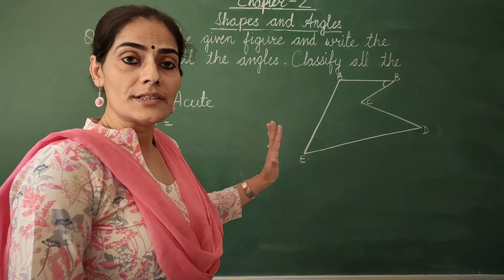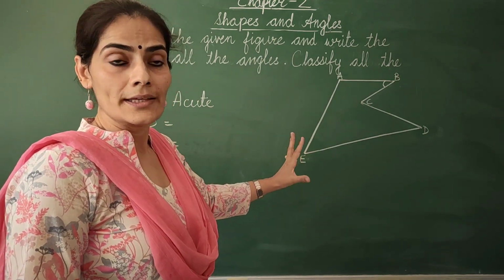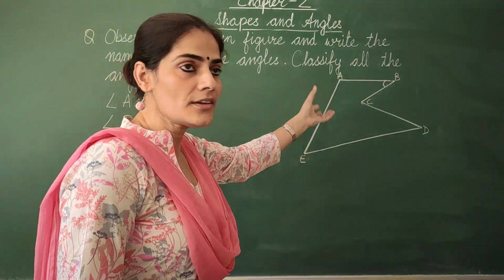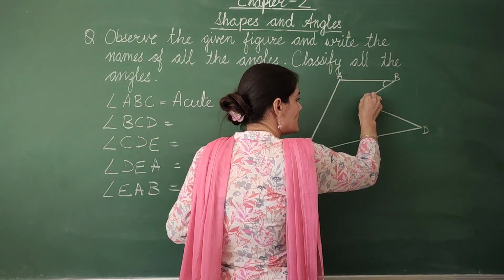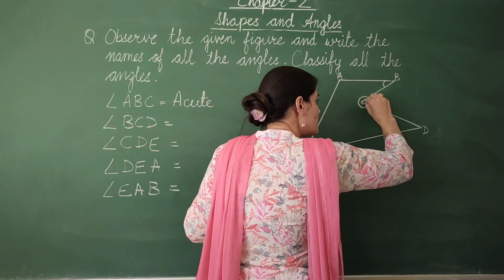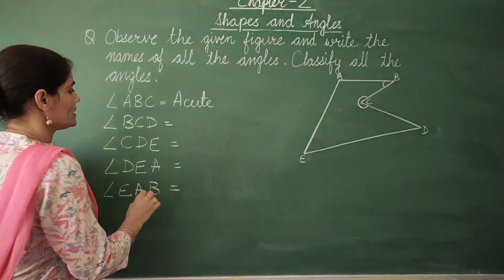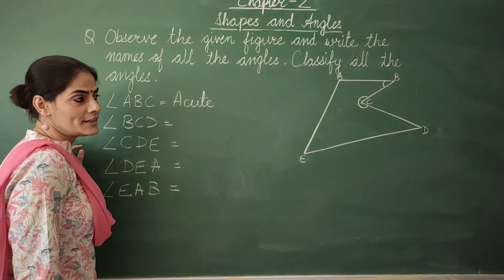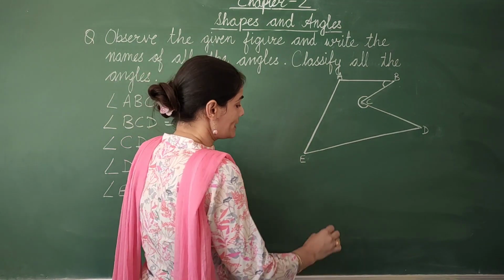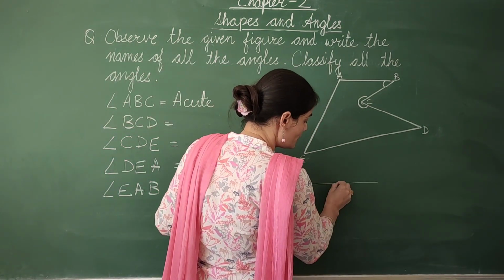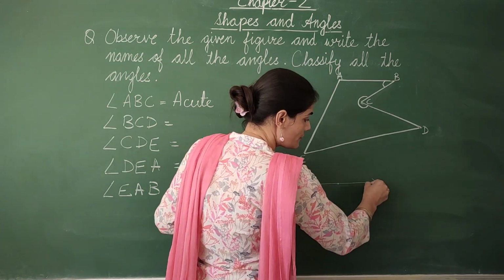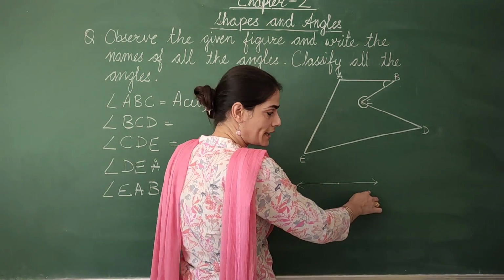Next is angle BCD. We have written the names of all the angles which are in the interior of this figure, not the exterior angles, okay? So next is angle BCD. What do you observe? The arms of this angle are wide apart than the arms of a straight angle. Fine. This is how the straight angle is.